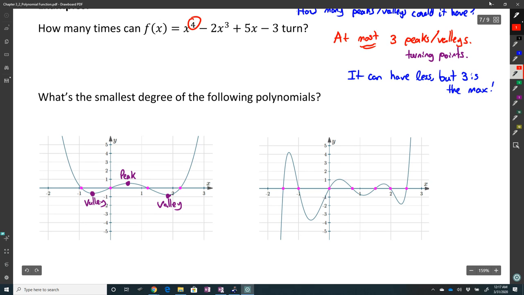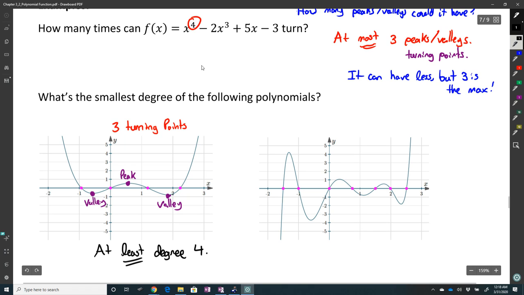So there's 3 turning points. Well, we're just using the theorem backwards. If there's 3 turning points, this has to be at least degree 4. You add 1 to it.